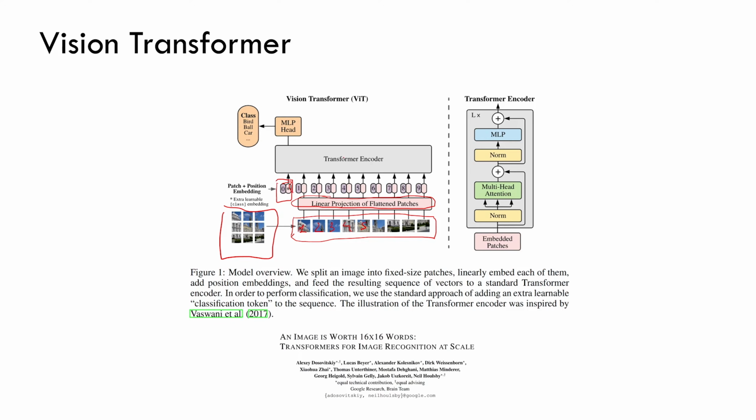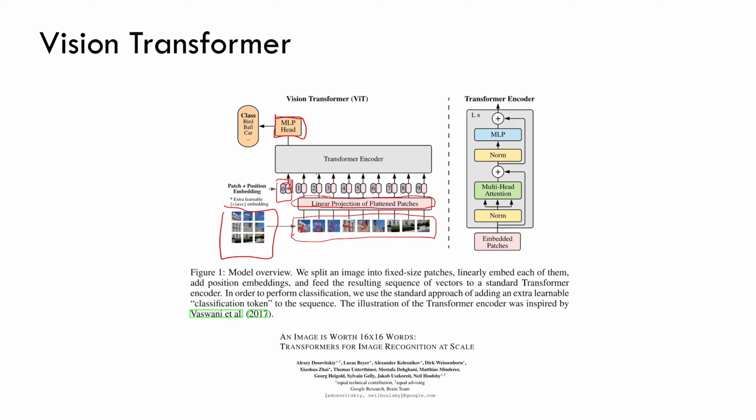So we send it to the transformer, and at the output of the transformer encoder we get another sequence. We just take the first token and map it to a multi-layer perceptron that has to predict the class. Why do we use this token?